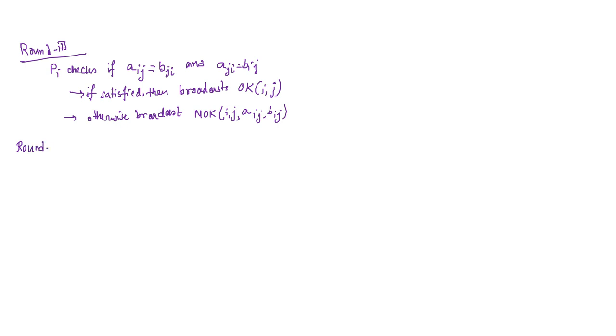Now in round 4, everyone can see which party has raised some NOK signal, not OK signal, meaning that what is expected by me from the polynomial evaluation, that value is not in consistency with the dealer or the party Pj, right?